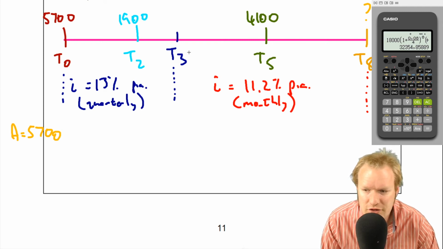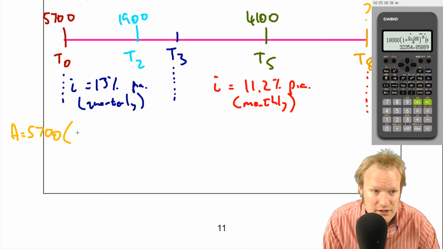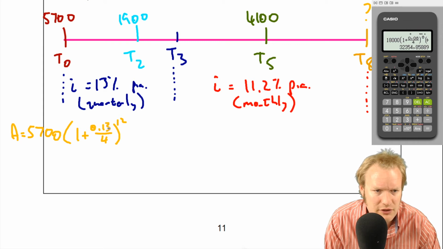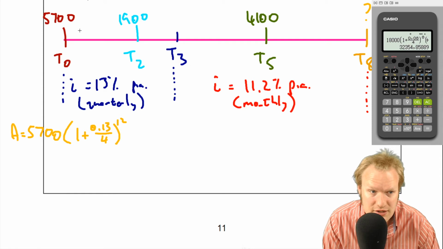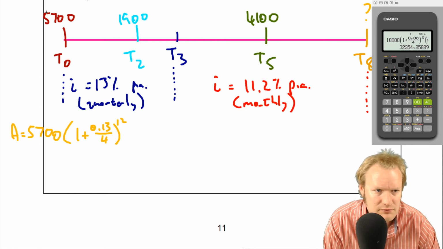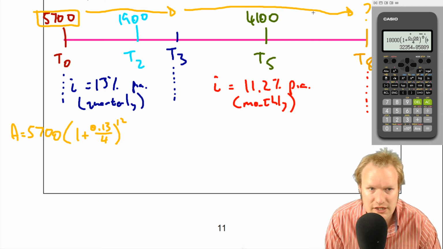So we're going to focus on the first 3 years because that's when the interest rate changes. So we've got 1 plus quarterly, 3 years, so 12, at 0.13. Then we're just looking at this 5,700 Rand to start with, and that's the first bit. We've got as far as T3. Now we need to get it to the end of T8.